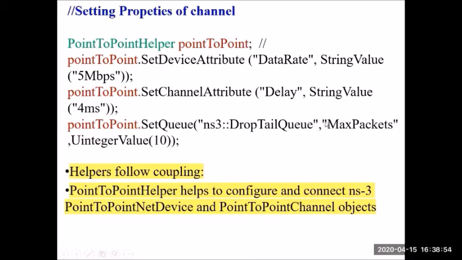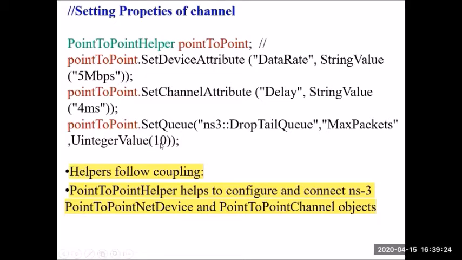So I'm going to use something called a drop tail queue, which means if I specify the size of the queue as 10 packets, if an 11th packet comes, it will drop that 11th packet. So whichever packet comes at the end, at the tail, it's going to drop that. That's a drop tail queue. So we'll use the type of queue as drop tail queue and the max packet value, the number of packets in the queue, as 10 packets.